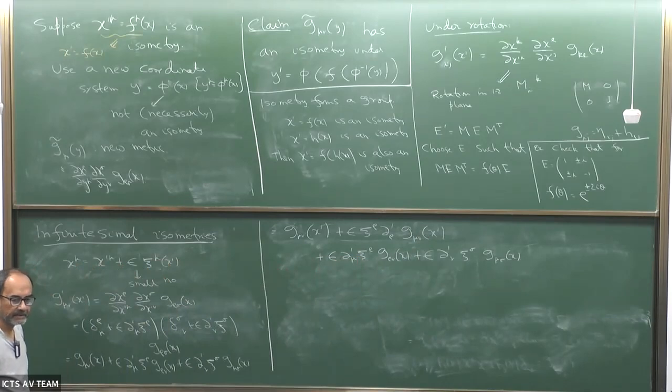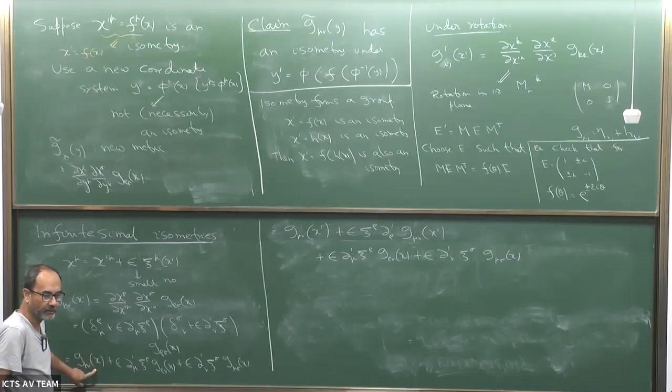Is this clear? So this is just a general coordinate transformation law of g, because I have taken g mu nu of x and just Taylor expanded around x equal to x prime.